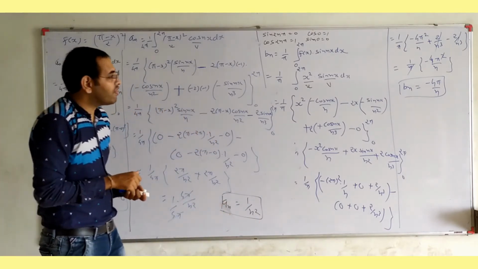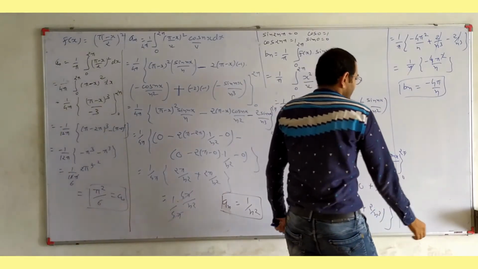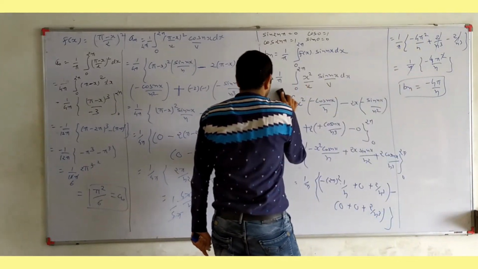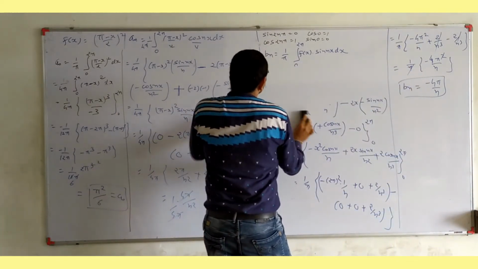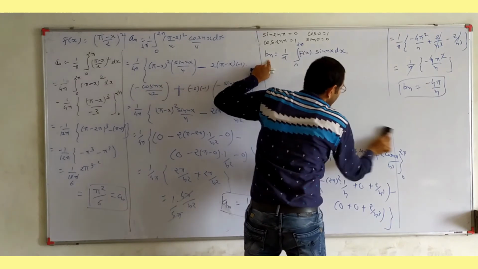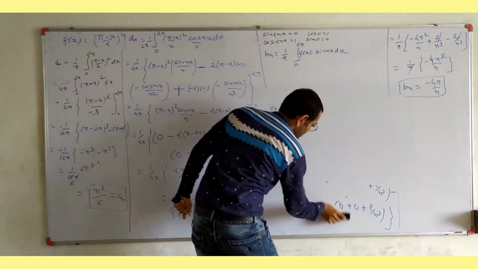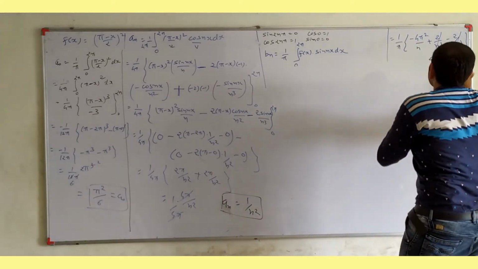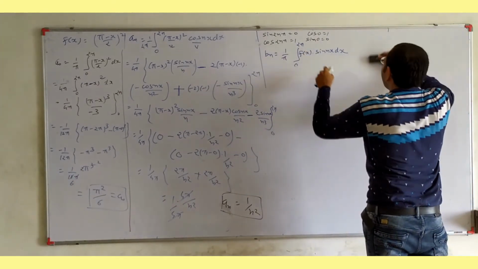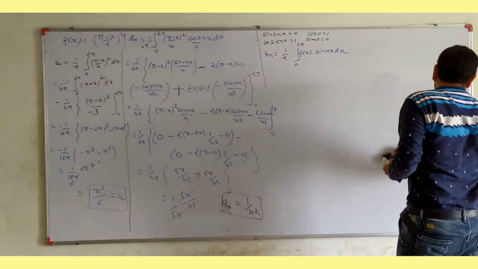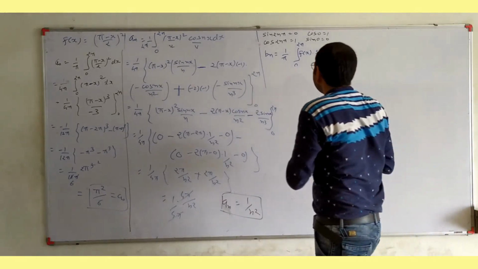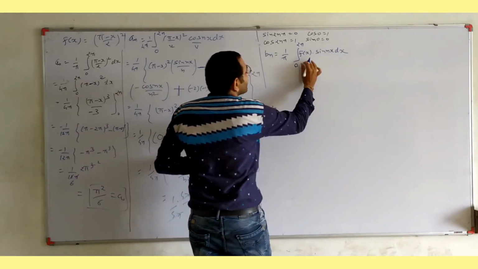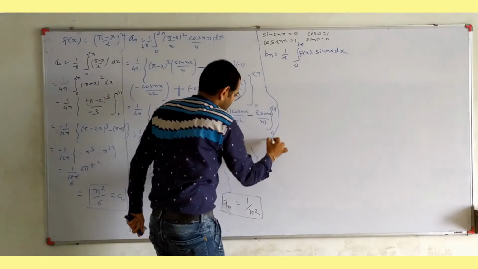Similarly, we go for bn. The formula of bn is equal to the integral from c to c plus 2 pi, but the initial value is 0, so 0 to 2 pi f of x sin nx dx.